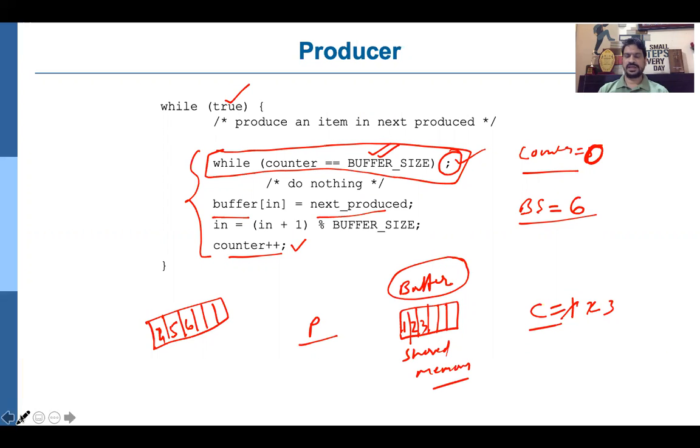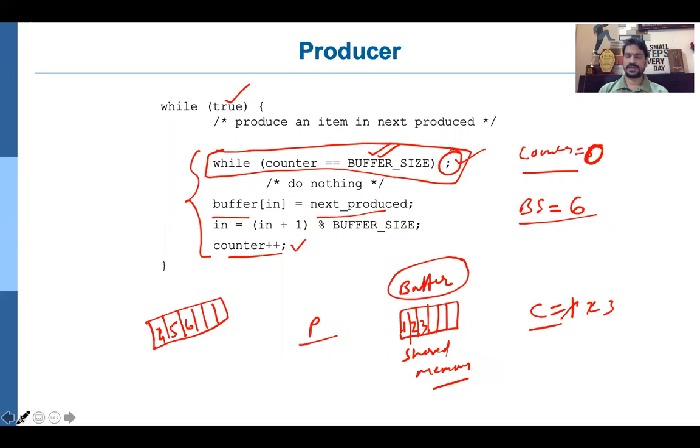The inter-process communication of cooperative processes is possible through process synchronization. One process may consume, one process may produce, but both should be synchronized in one way or another.